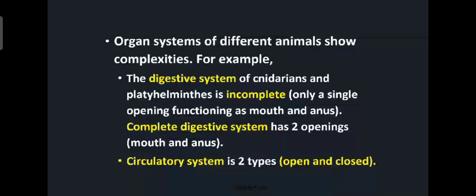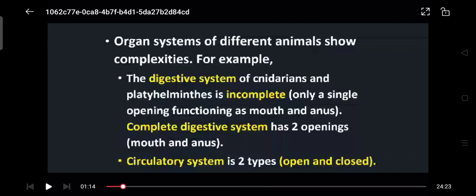And second one, closed type of circulatory system. The blood is circulated through a series of vessels of varying diameter. So blood vessels are there, and through those blood vessels the blood flows to the different cells and tissues. That is called closed type of circulatory system.